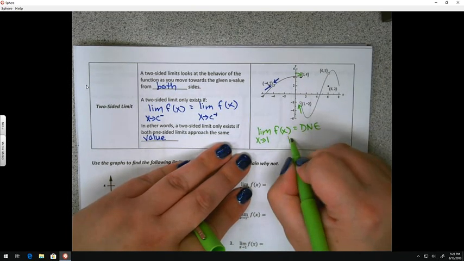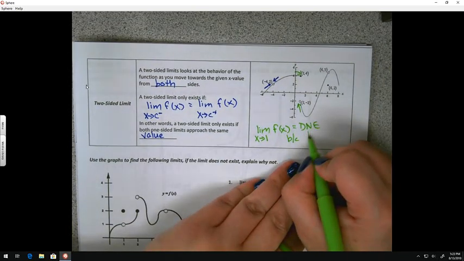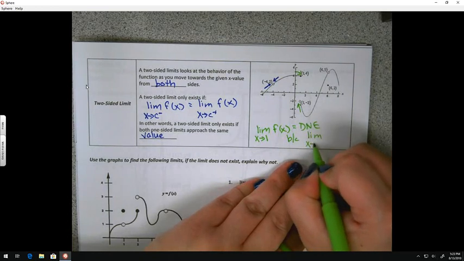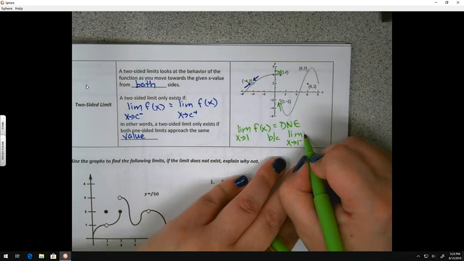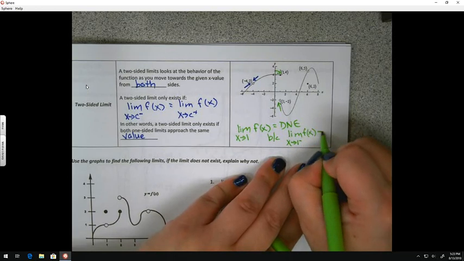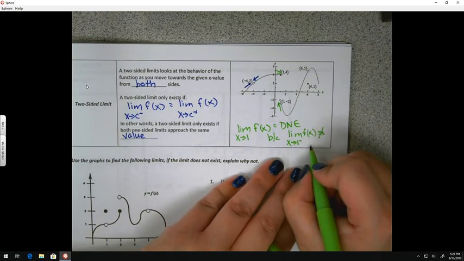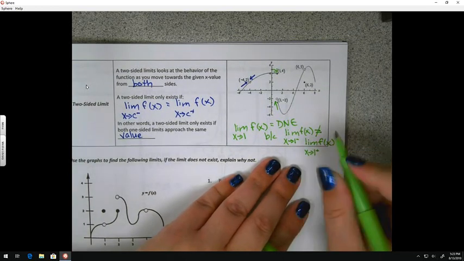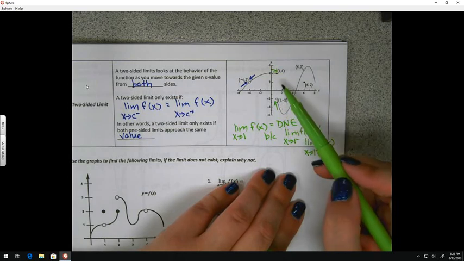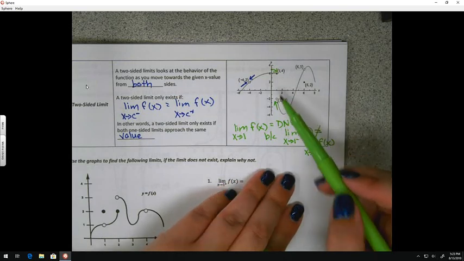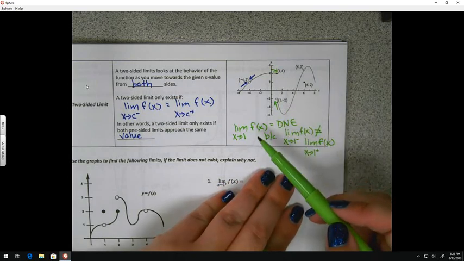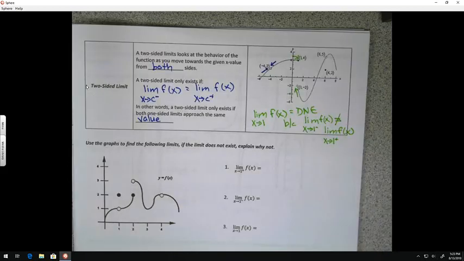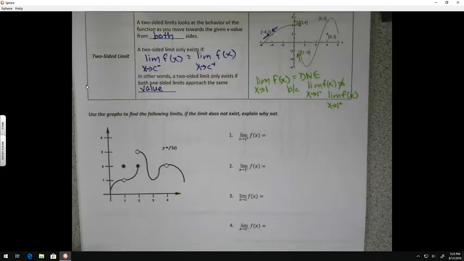And the reason for that is because the limit as x approaches 1 from the left of f of x does not equal the limit as x approaches 1 from the right of f of x. All right, and that's what we're showing here in this picture, is this jump here causes a problem with our overall limit as x approaches 1, excuse me.